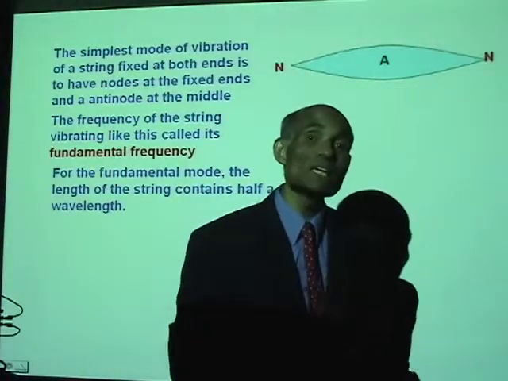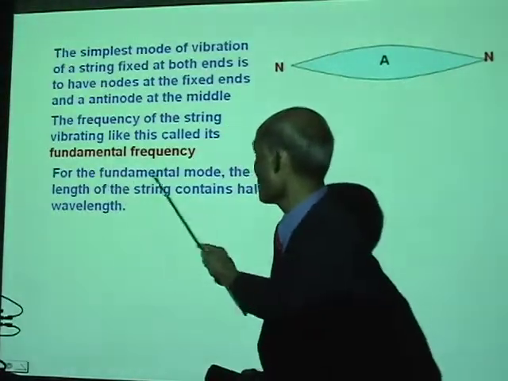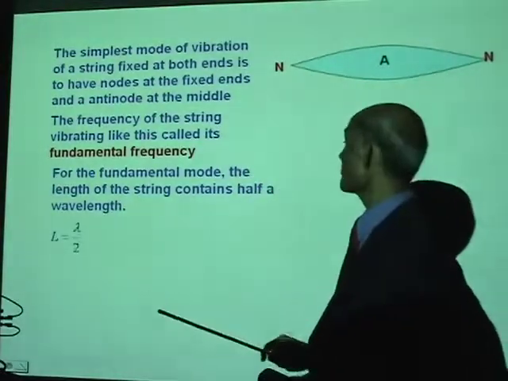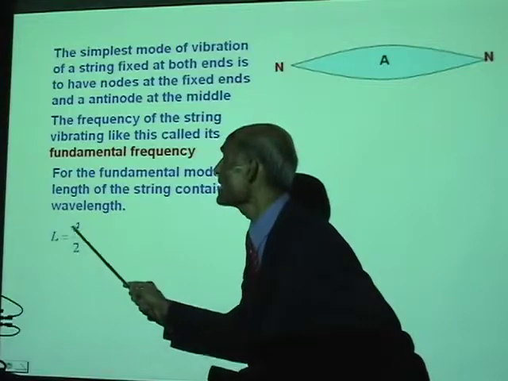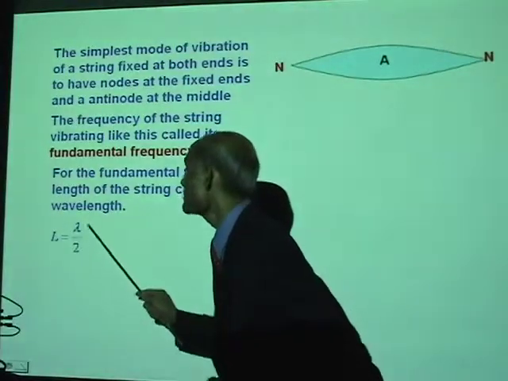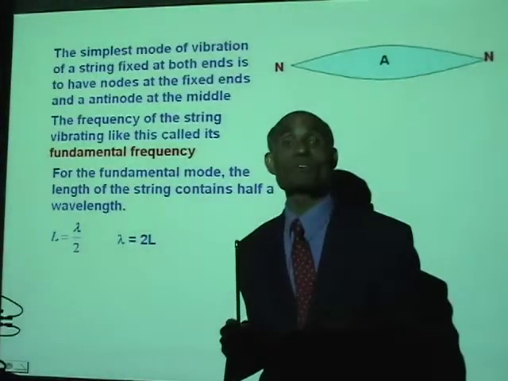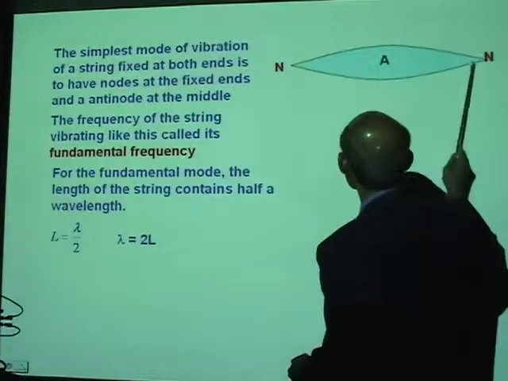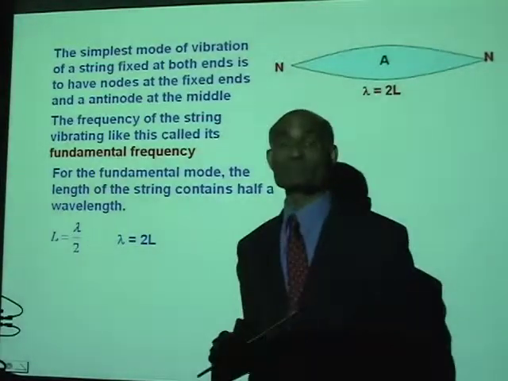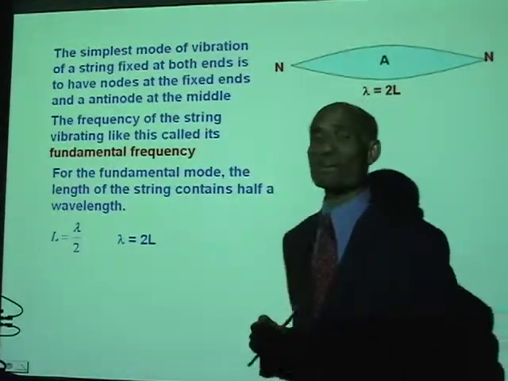So 1 loop is half a wavelength. Is that right? So, for the fundamental mode, the length of the string contains half a wavelength. So I can say L equal to lambda by 2. And therefore, what is lambda equal to? Wavelength of this fundamental mode of vibration, therefore, is 2 times the length of the string. Lambda equal to 2L.